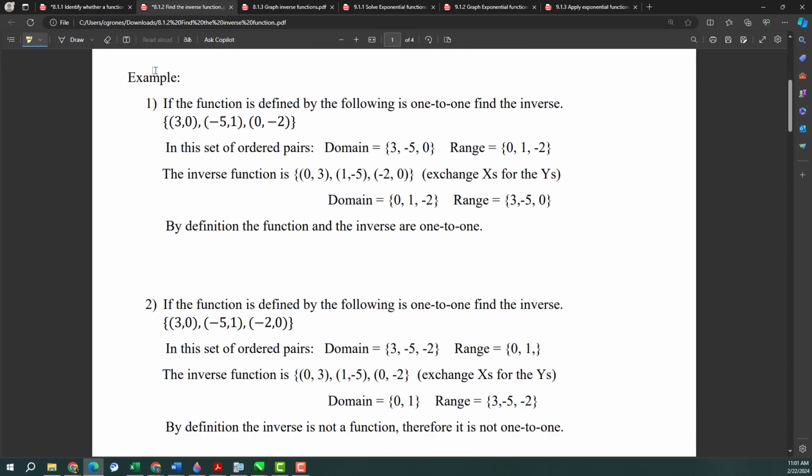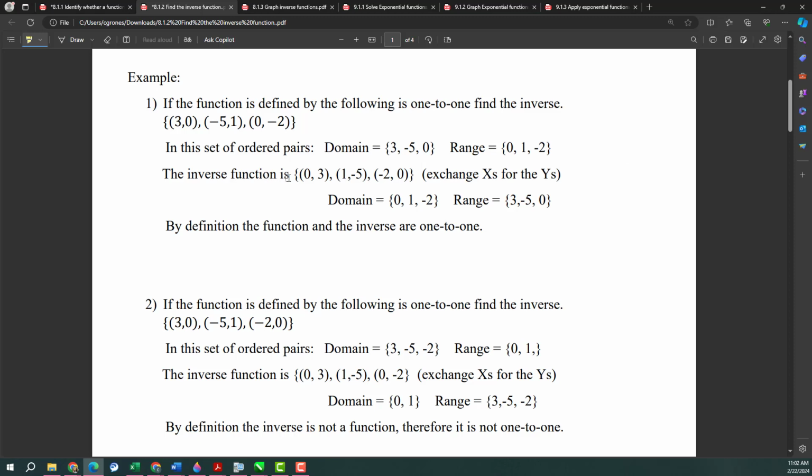So there is an example. If the function defined by the following is one-to-one, find the inverse. So they give us 3 points. We have our domain, and then we have our range.